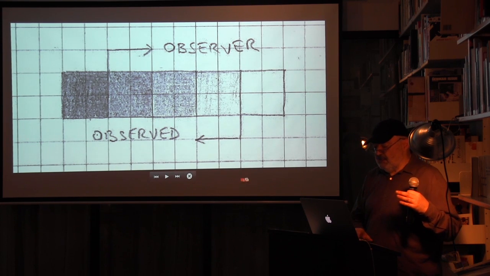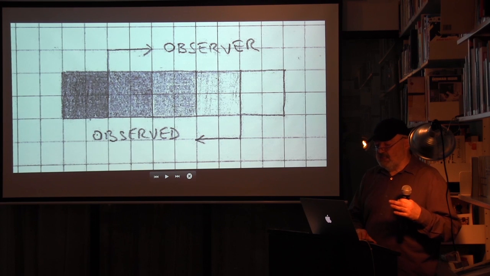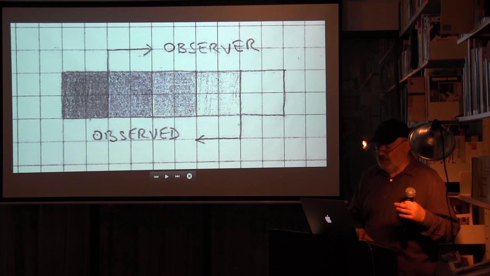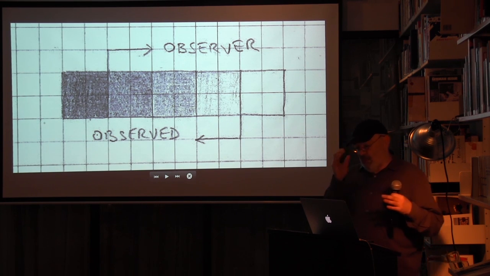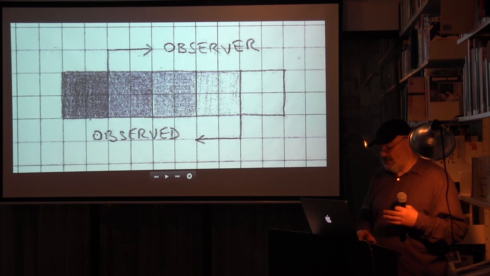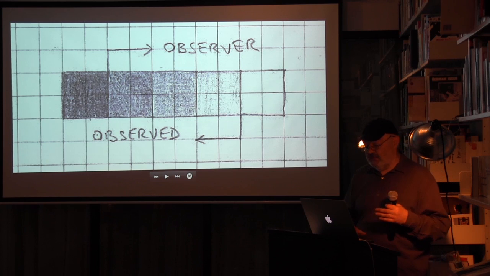If we say that, and this coincides, as you can see, these subsets of this grayscale: observer is from the dark gray to white, and observed is from the light gray to the black. You can say that in this case, there are parts that both observed and observer share.